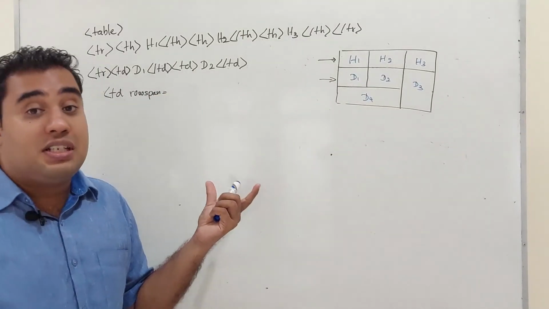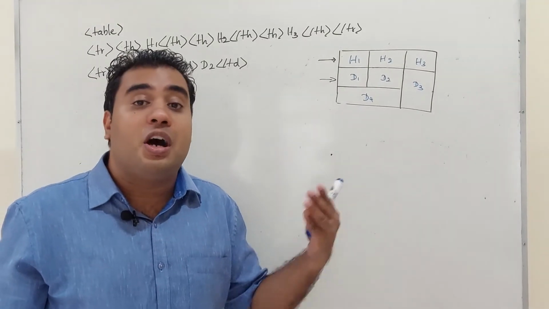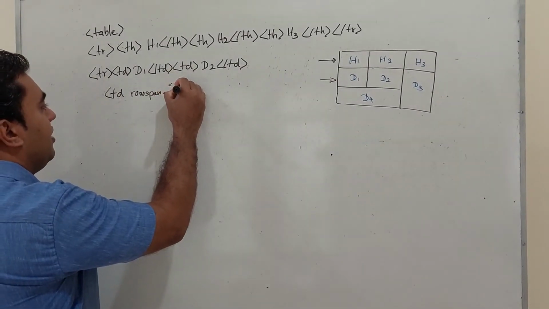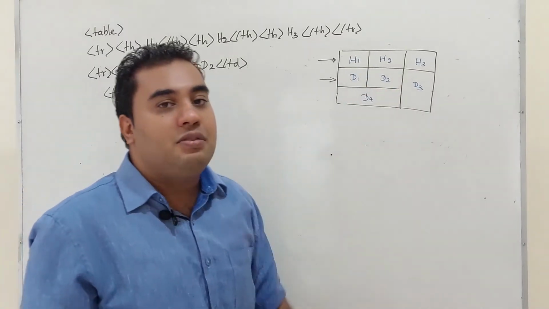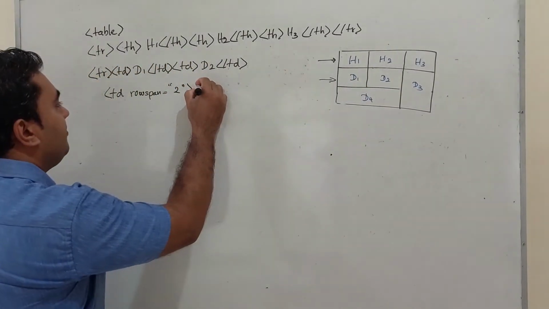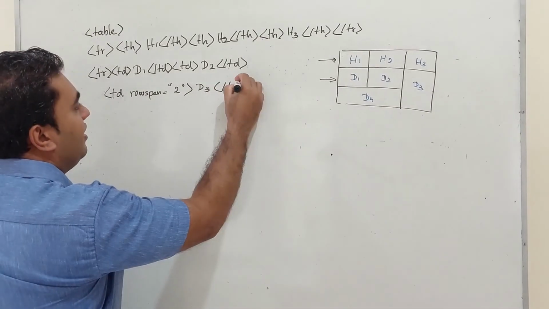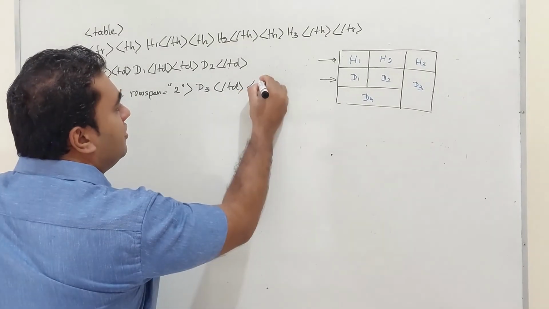And the value for that attribute represents how many rows it has used or over how many rows it has spanned. Here it is 2. And then the value d3. And that is the end of that particular cell, and that is the end of that particular row.